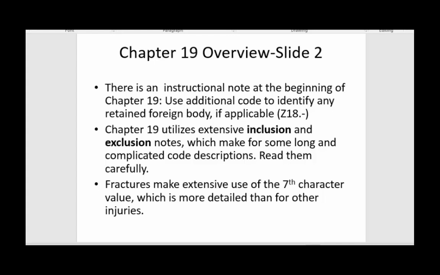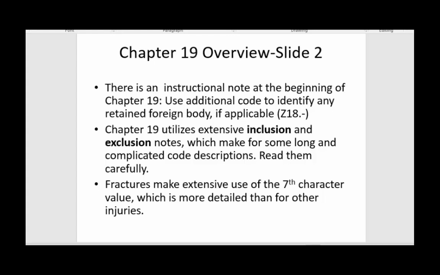Thus far we have looked at A for initial encounter, D for subsequent encounter, and S for sequela. Many of our codes are going to be far more detailed than that now, and you will be finding that little pink box that advises you which 7th character choices you have just after the category code.